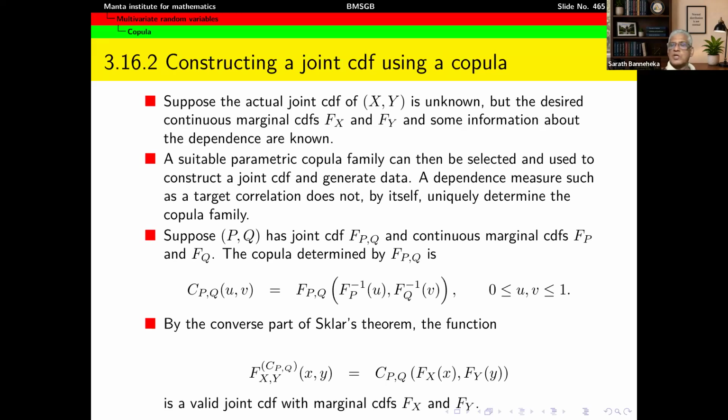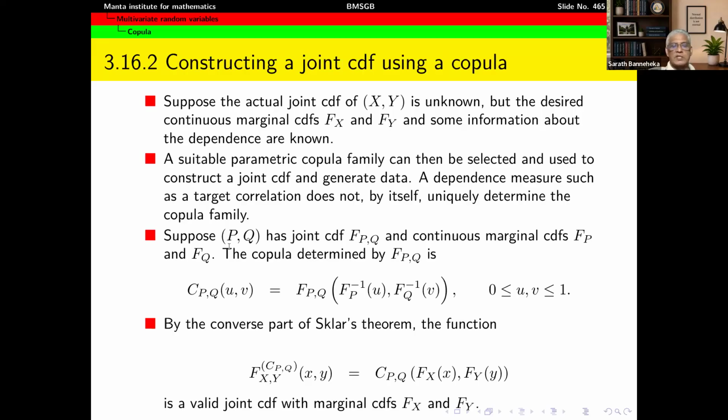Suppose now we look at some well-known copula, for example, the Gaussian copula. In general, I will consider a copula related to the joint CDF of two random variables P and Q, and let us denote that copula by C_PQ.